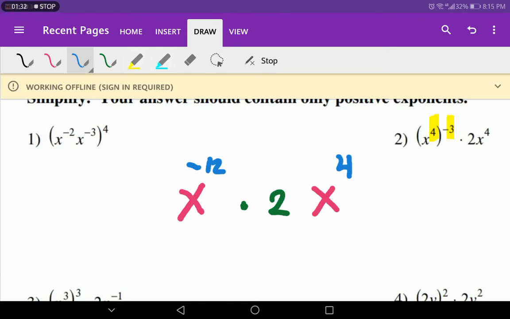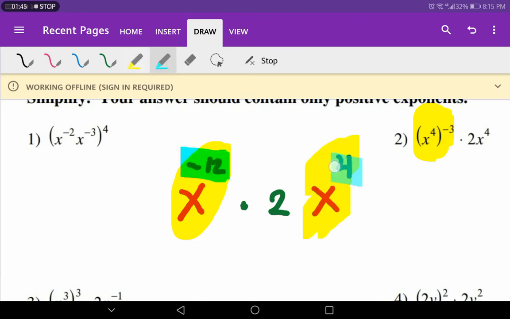This is the first step. I break the parentheses and I get this one. Now I have x with power negative 12 and x with power 4. The power we add for the same base, so it is negative 8. So it is equal to x with negative 8.